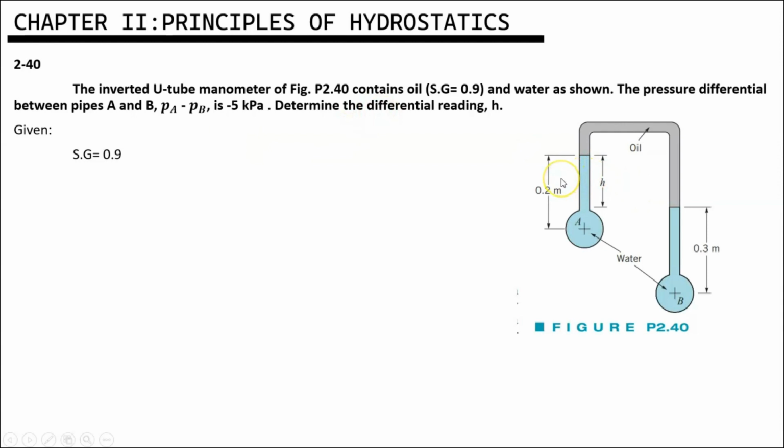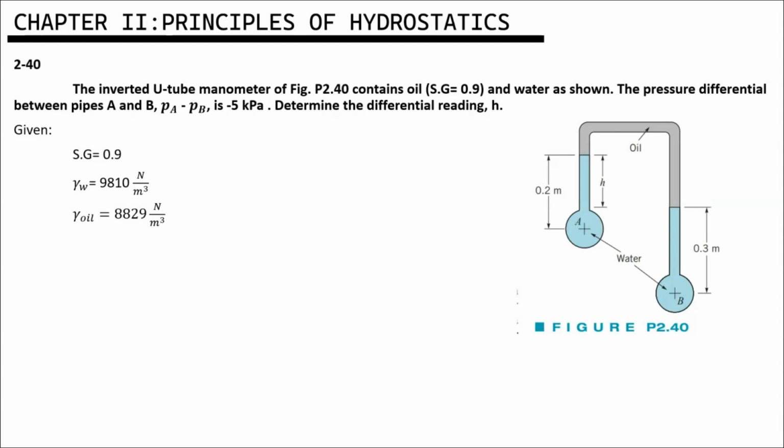Since we are dealing with water and oil, we have the specific weight of water, which is 9,810 Newton per cubic meter, and to get the specific weight of oil, we need to multiply 0.9 and 9,810. We got 8,829 Newton per cubic meter.